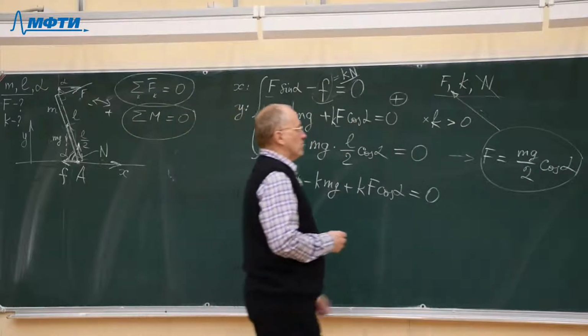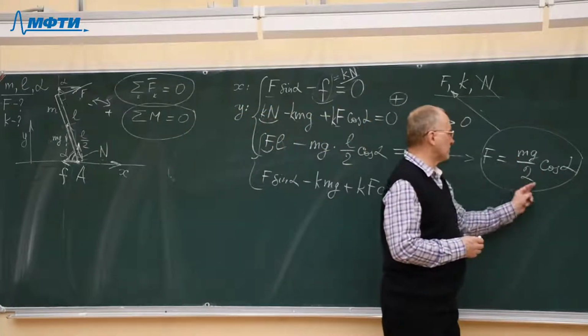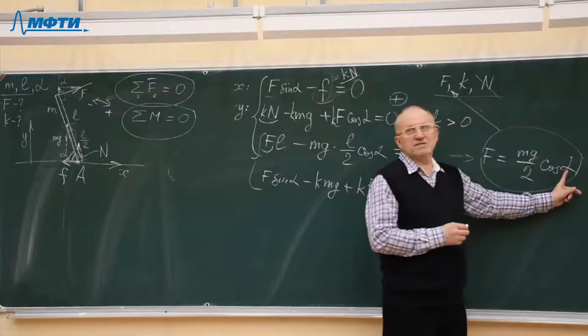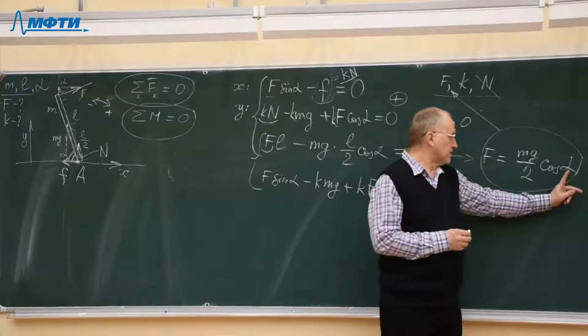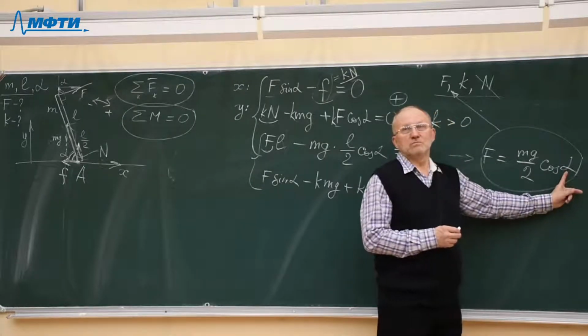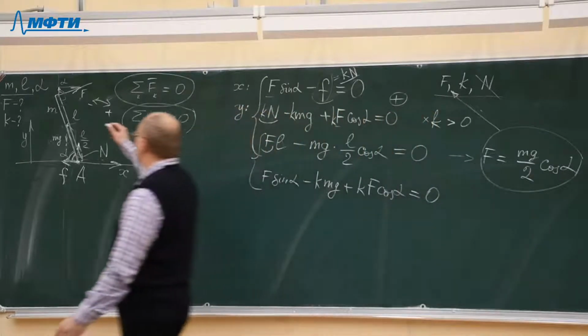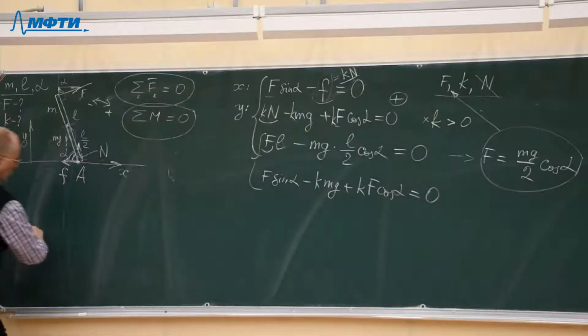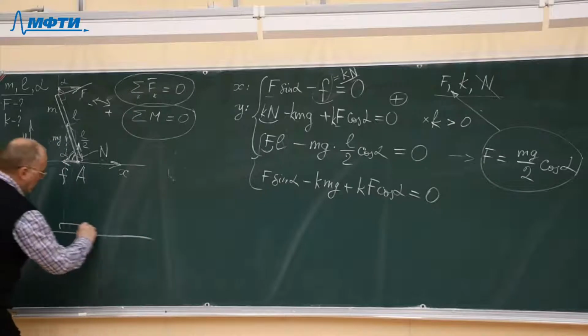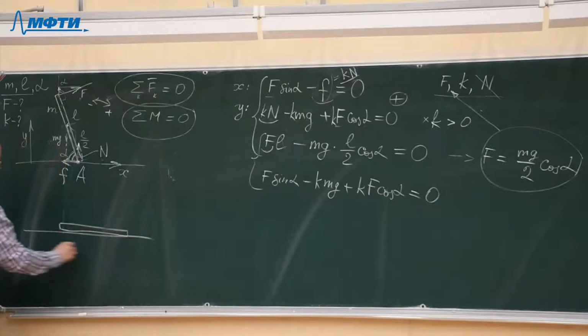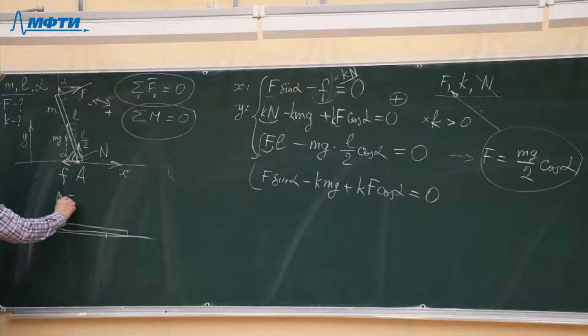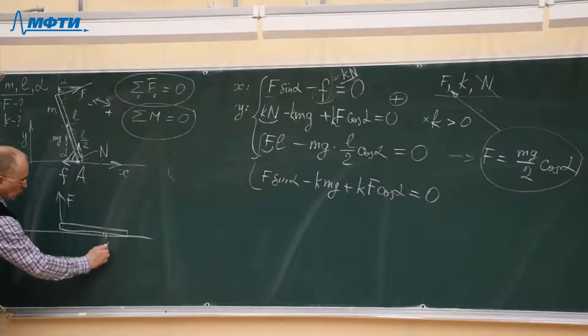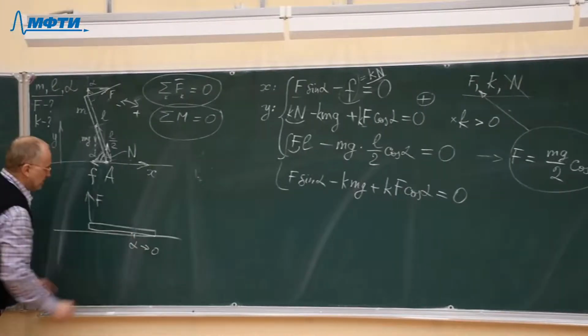Well, what can be done to analyze this formula? Suppose alpha is 0. Suppose this rod almost lies on the surface, and we just started to lift it, pulling by the end. Alpha is almost 0, it tends to 0.